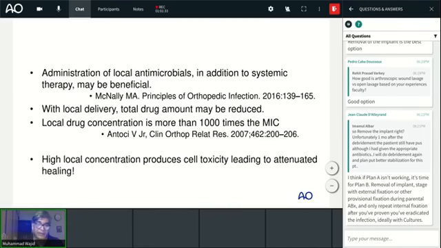However, there is another side to it, because there is a concern that high local concentration may produce cell toxicity, leading to attenuated healing, because at the same time there will be new cells proliferating, which we want for the fracture healing, but a very high level of antibiotic may lead to cell toxicity.